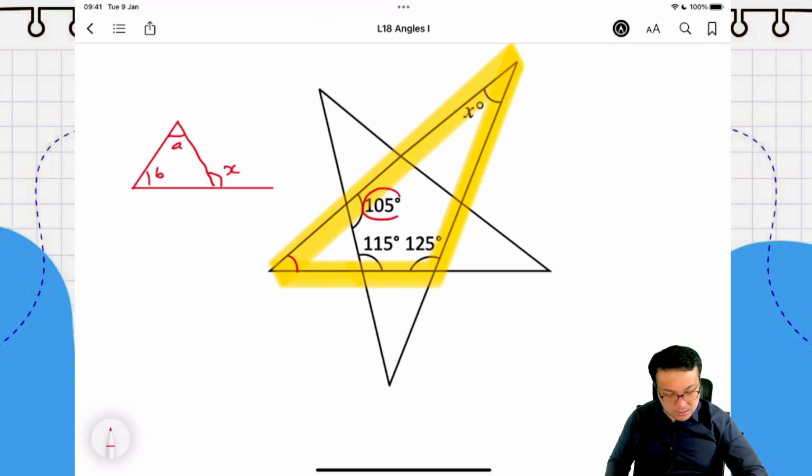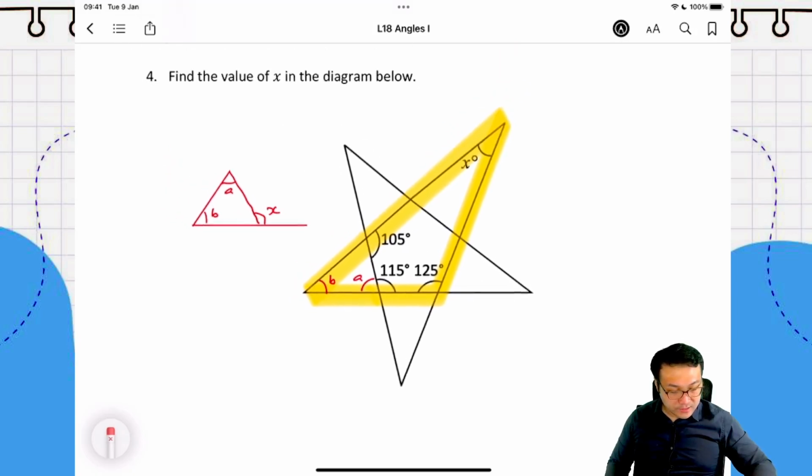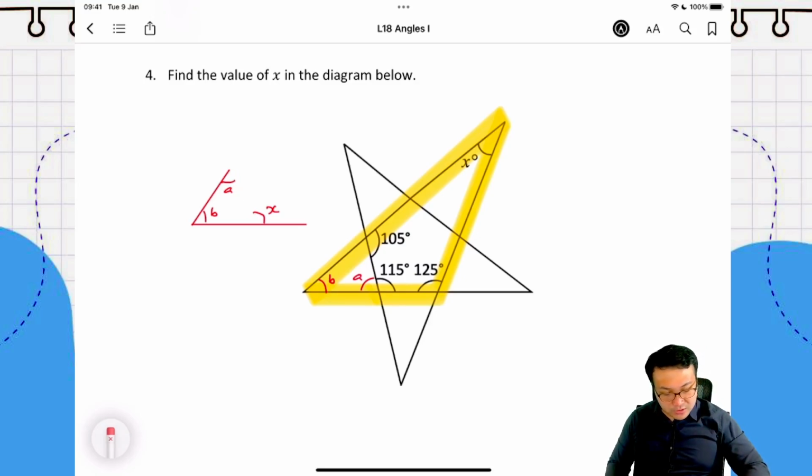You can call this X. Then you can call this angle A and angle B. Okay, students? So by using this rule, you'll be able to find angle B. And then when you find angle B, you can find angle X. Can you all type your answer in the chat? What is angle X? Everybody can try to find it now.